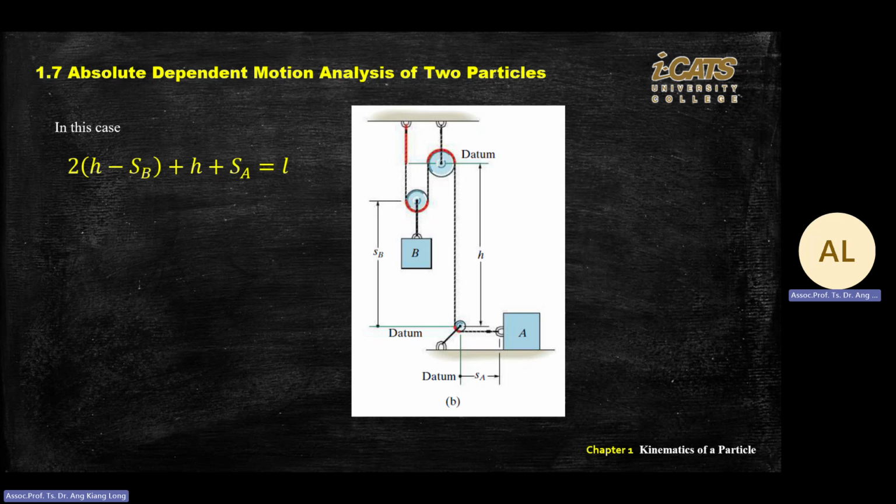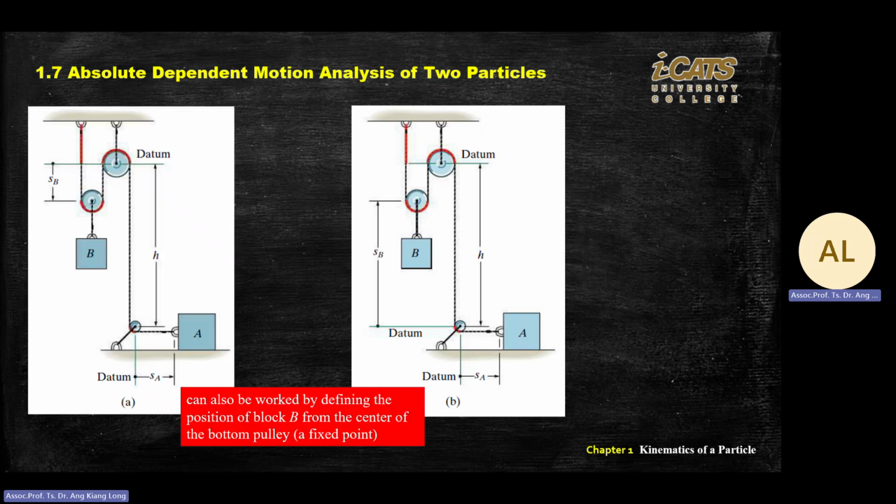But still, the focus is on the rope. You are more interested in the rope, how you find this distance. You take H minus SB. But just now, how did you find SB? Directly use SB because the datum is from here.